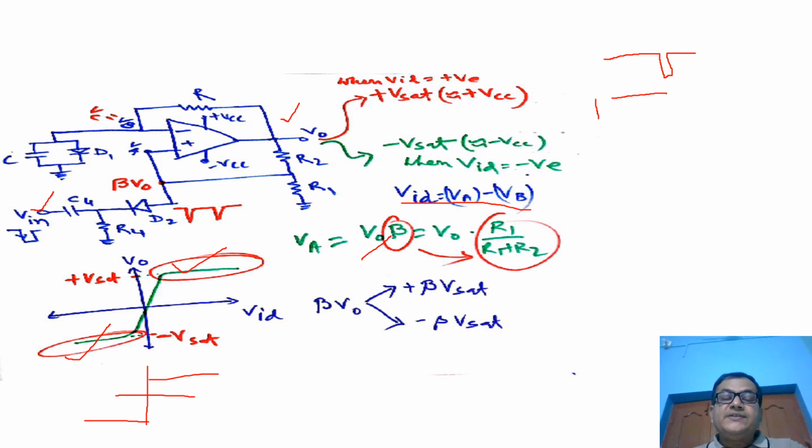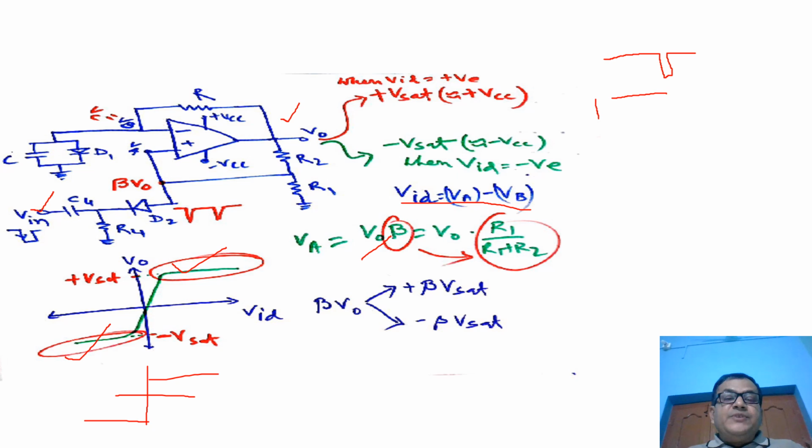If this point is clamped at some other voltage, in a practical scenario I have said it will be 0.7, so the value of this negative going trigger pulse should be enough so that it makes this VID negative.